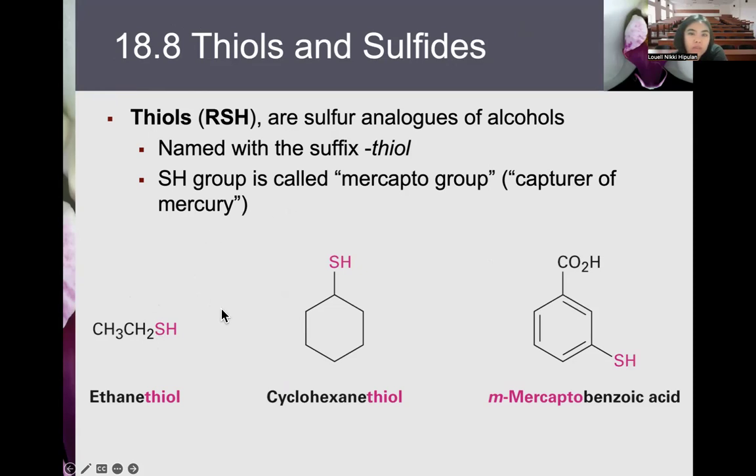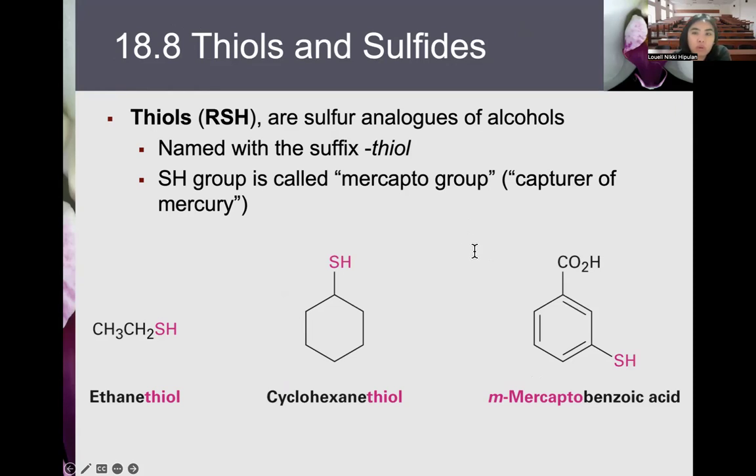So here you have cyclohexane. It has a substituent, a thiol group. So you call it cyclohexanethiol. Now, since you have two functional groups here, the thiol is no longer the main character. The main character is your acid. So as a substituent, the thiol is called a mercapto group.